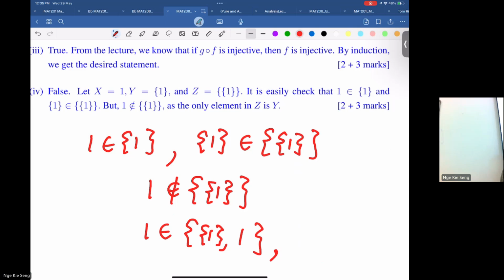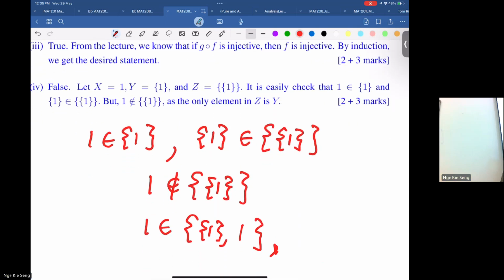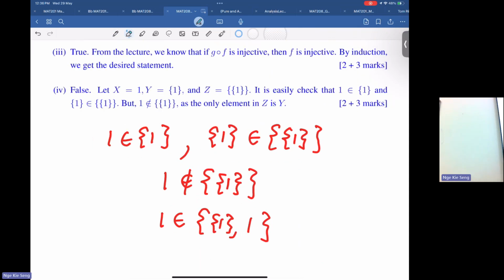I think this is a very, how to say, very obvious thing to think about when you first learn discrete math, right? Because in discrete math you learn what? Equivalence relation.